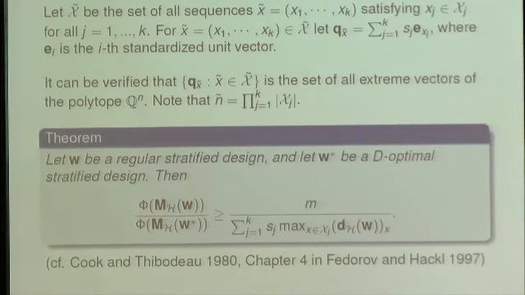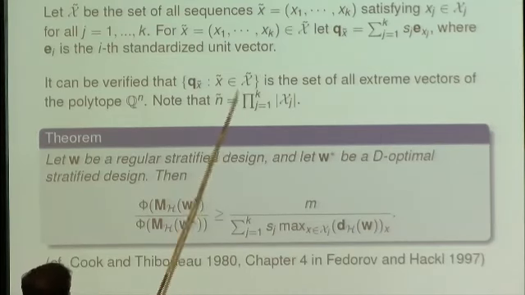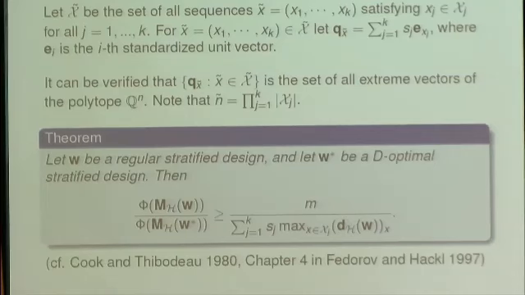Anyway, without going into details, the size of the set of all extreme points of this constraint set will be of this form. That is, the number is the product of the sizes of each of the strata.